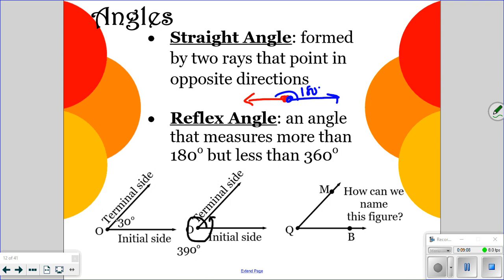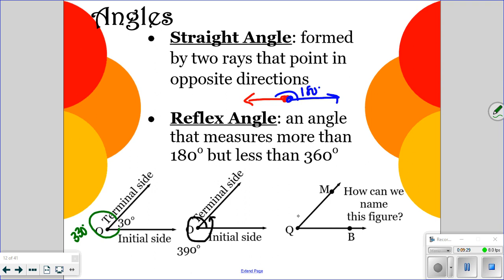So if this angle here is 30 degrees, the reflex angle is the part that's over here. And so the reflex angle is 330, because together this makes the whole circle. And so 30 plus 330 is 360.